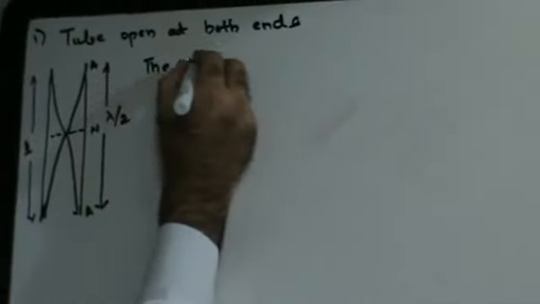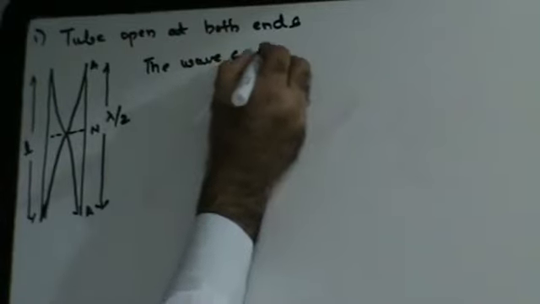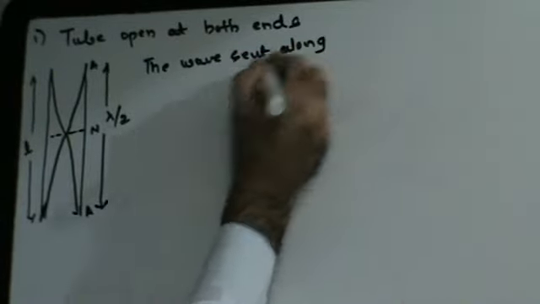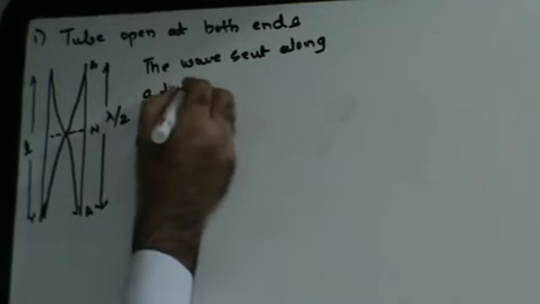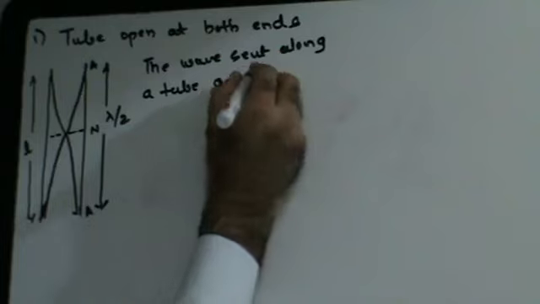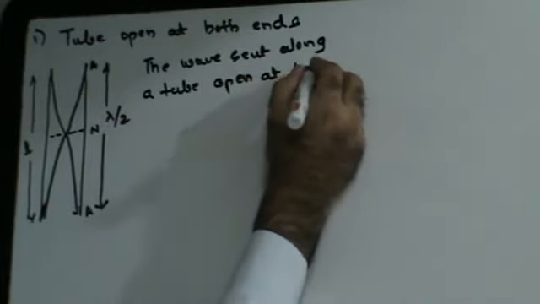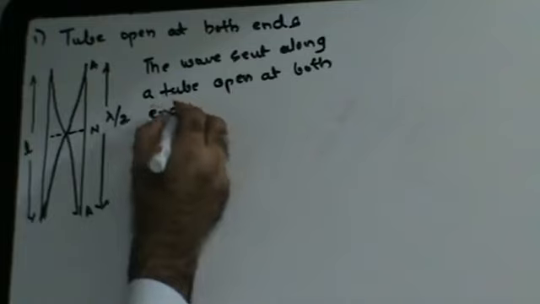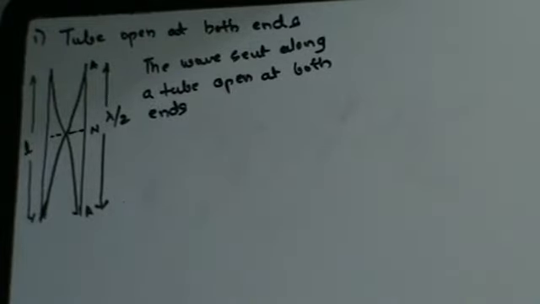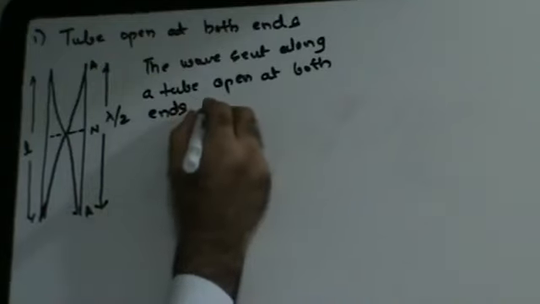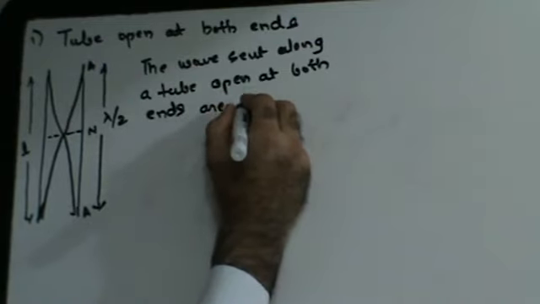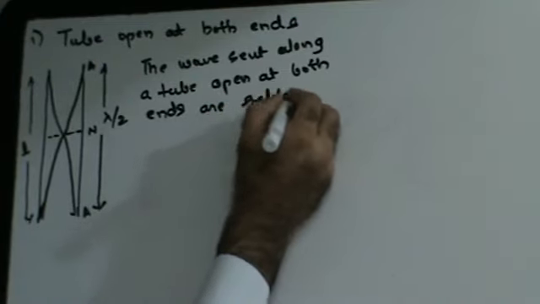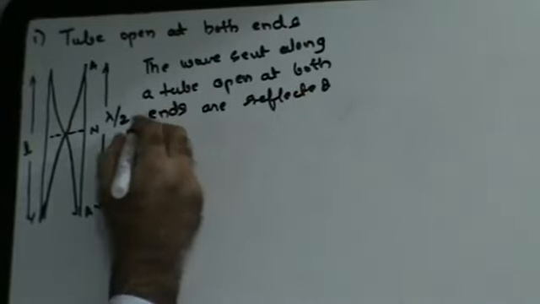So if a wave is sent along a tube open at both ends, it is reflected at the other end.